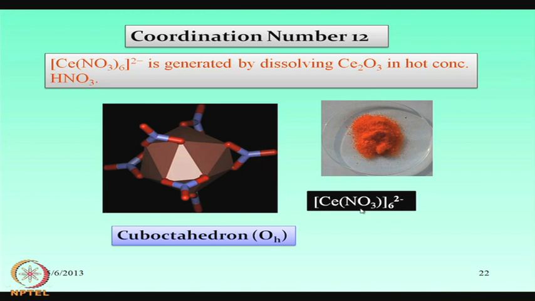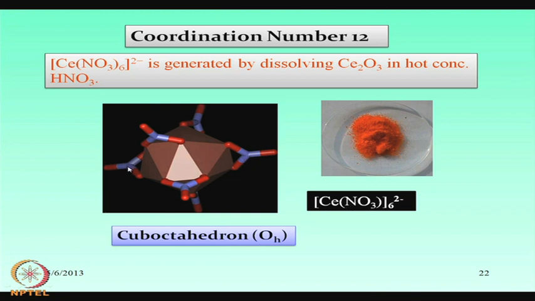So, the basic idea for getting that cuboctahedron geometry is very simple, that we all know that accommodating 6 ligands around a metal center is through the octahedral points. That means, if we draw the 6 octahedral points around the cerium center, we get an octahedral geometry which is facing towards the nitrogen of the nitrate, but here the nitrogen is not making the bond.